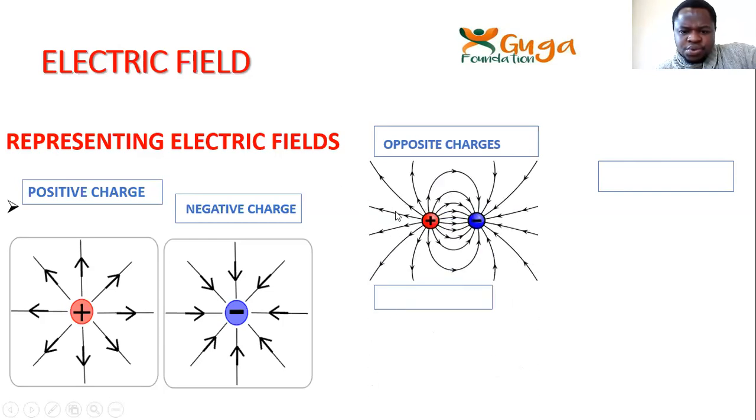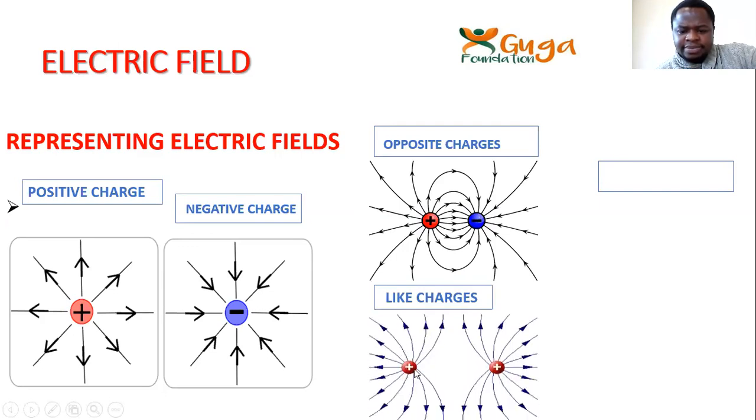Suppose your charges from here, from the positive, we said they move from positive to negative. So the arrows will be moving from the positive to the negative charge, right? And then for the like charges, there's some repulsion here. This is attraction, and here we've got repulsion.